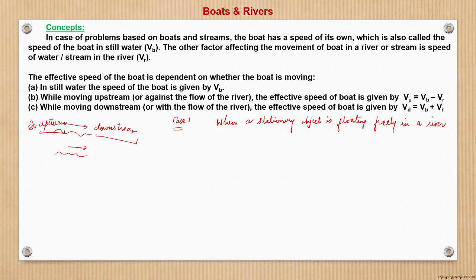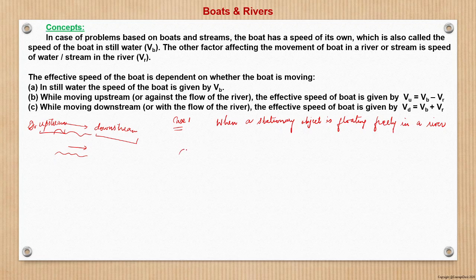So what does this mean? Stationary object means an object like, say, a hat. When I drop a hat in a river or any stream of water, the hat will simply float, right? Free floating movement means that the hat does not have a speed of its own, right?